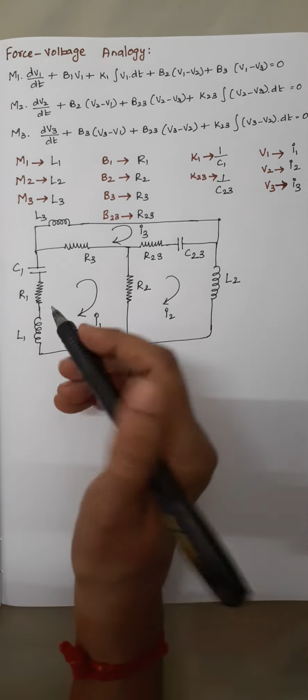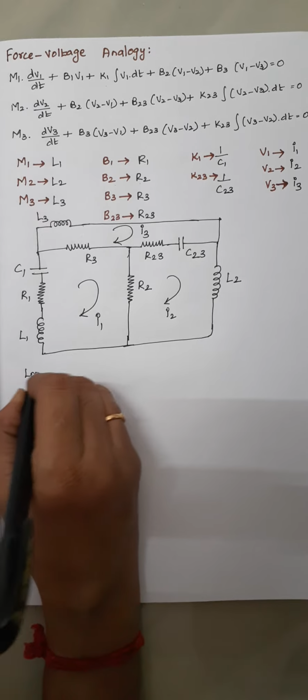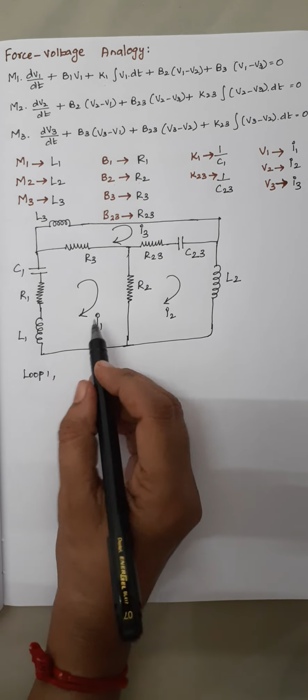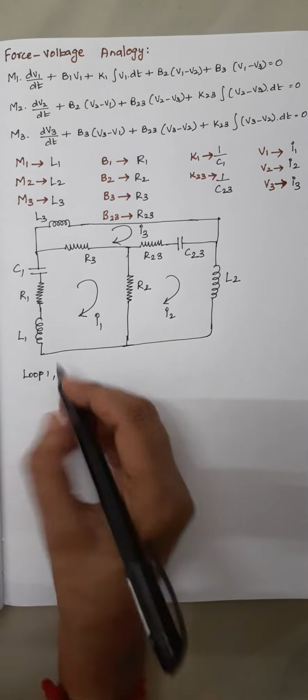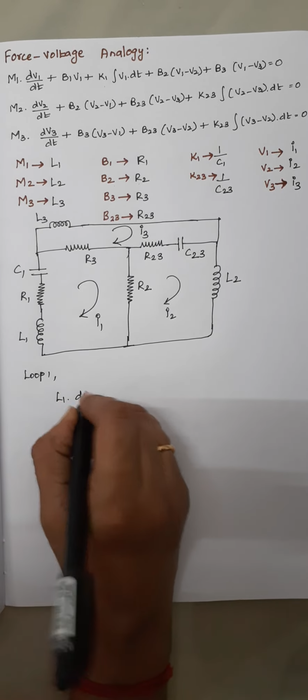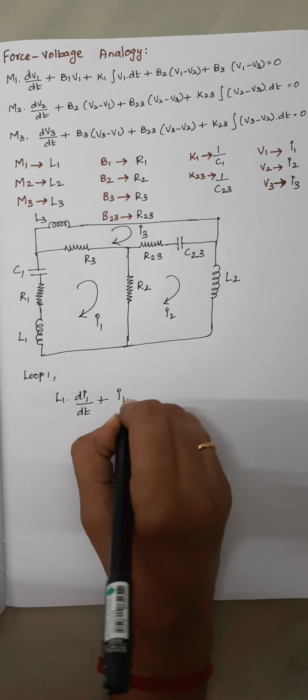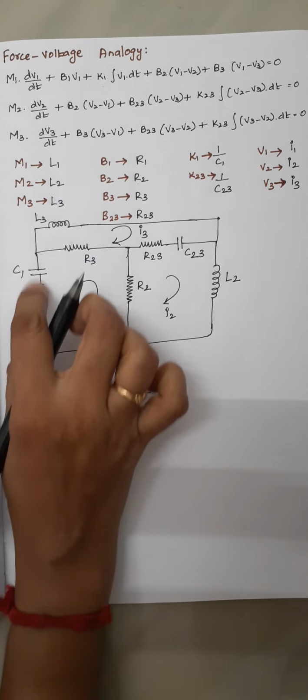So while writing the expression, consider your loop 1. So in loop 1, the voltage drop across the inductor is given by L1 into di1 by dt, plus I1 into R1, that is the voltage drop across your resistor.